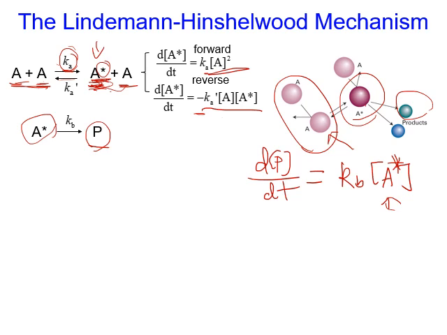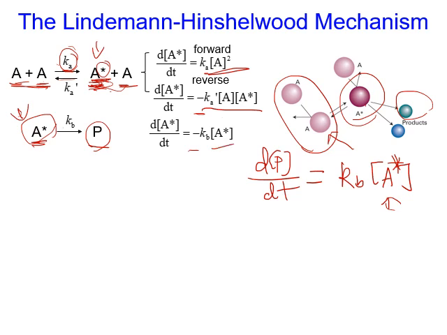Now the second step also involves the intermediate. It consumes the intermediate, and therefore the rate law should be negative: negative Kb times A star.